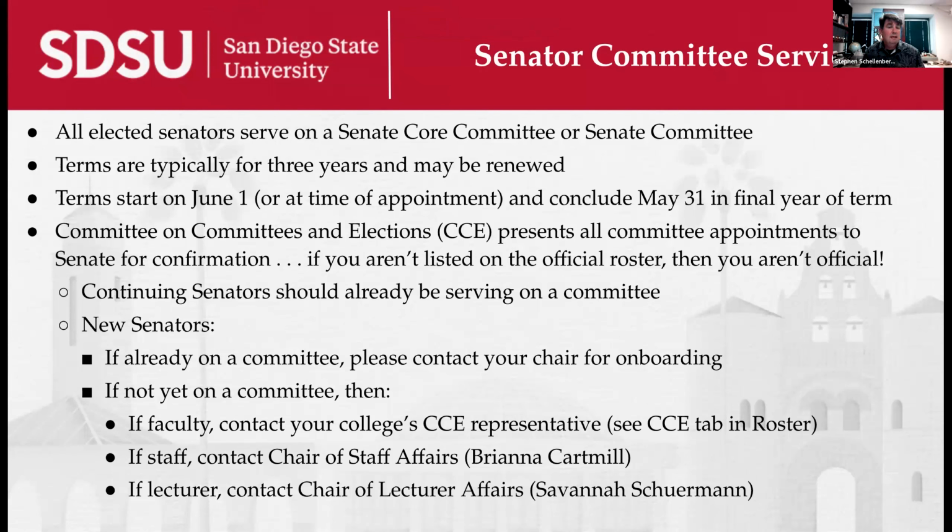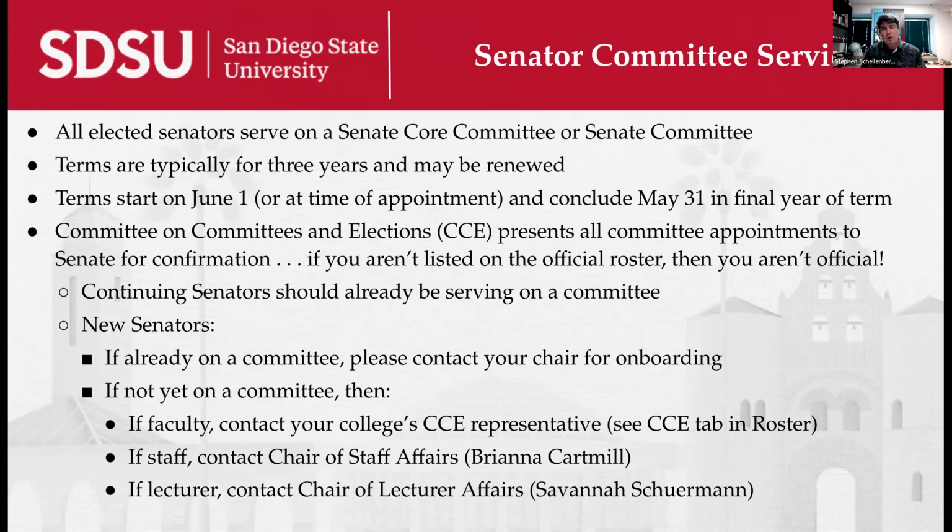The Committee on Committees and Elections, which is the best named committee in the whole universe, the Committee on Committees, sounds very Politburo. They are responsible for managing and ensuring that all of the appointments that take place across the shared governance structure, and they're also responsible for elections for various positions.